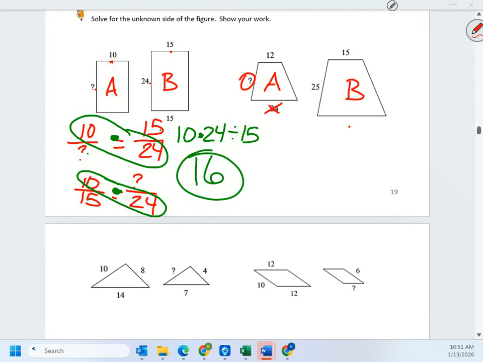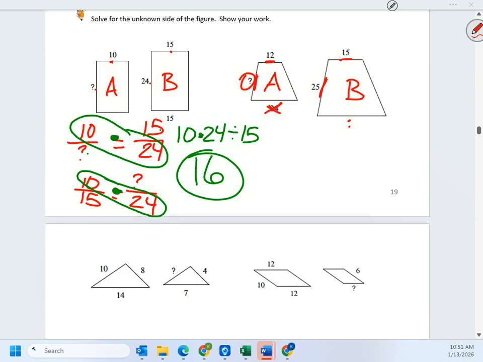Okay, so your first step is labeling your A and your B. Your second step is figuring out what sides you're going to use. What's your short, what's your long? I'm going to look at these and say, well, this is my short, this is my long. That's extra information. They might have given us a number down here, so then I can decide.